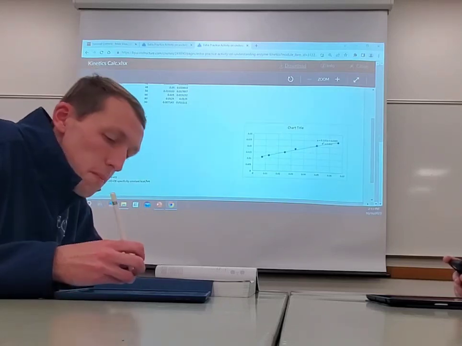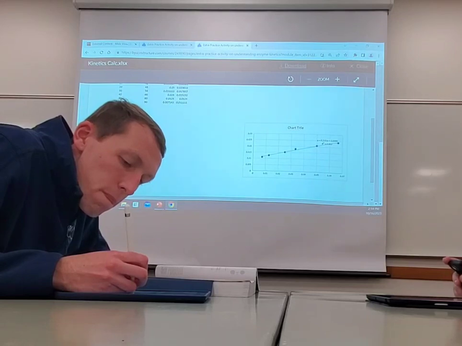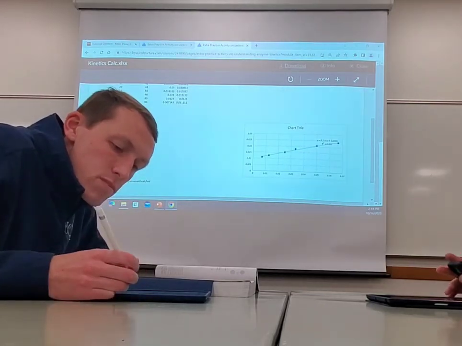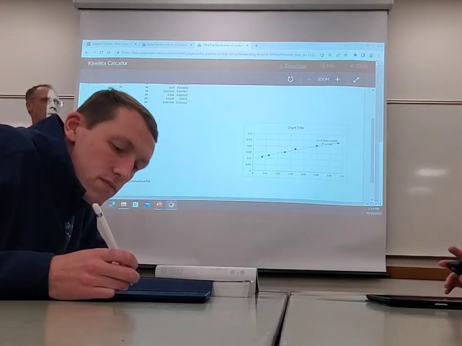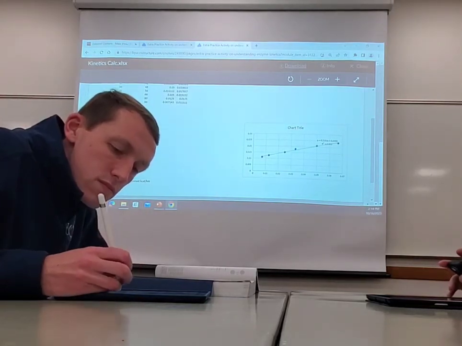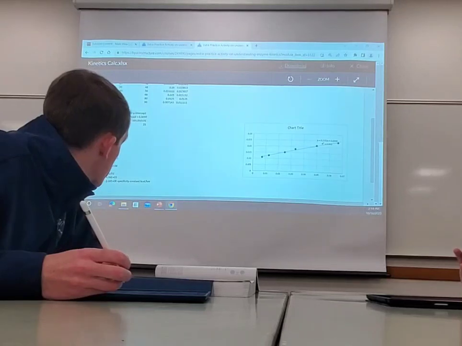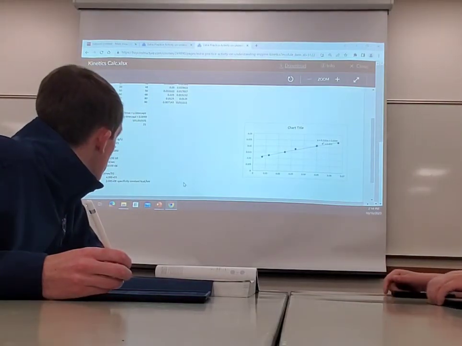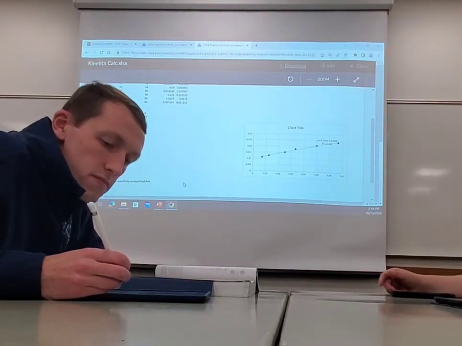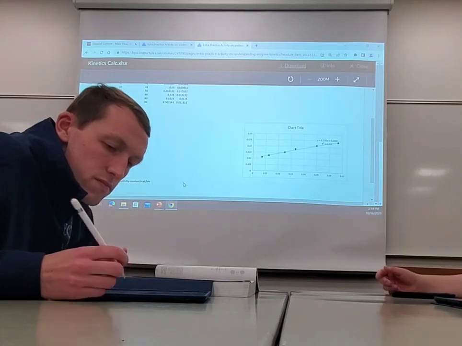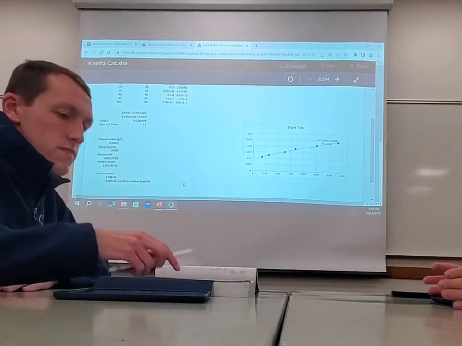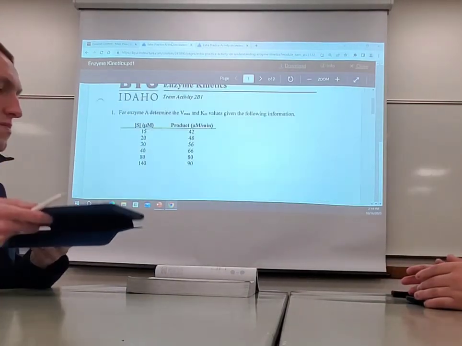If the Km is low, it has a higher affinity for the substrate. Make that note somewhere if that's not intuitive to you yet. It means it went faster on that curve at a much lower concentration. That's what it's saying.